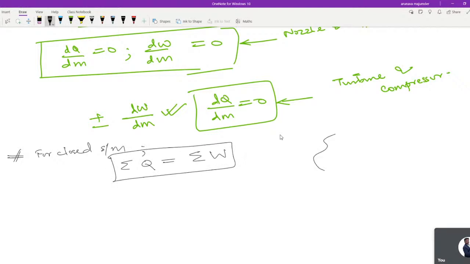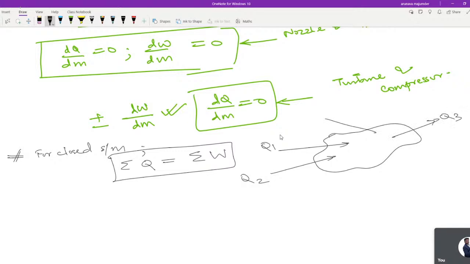For example, they will give you one system with Q1, Q2, Q3, W1, W2, W3. Among these, all the values are provided to you, and they will ask you to find the value of W3. So what you have to do?